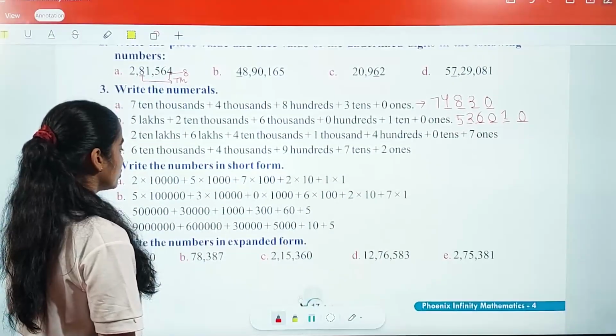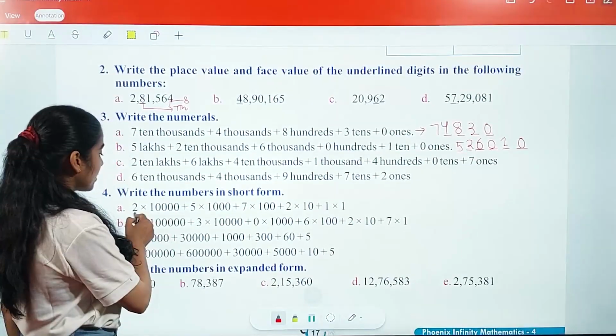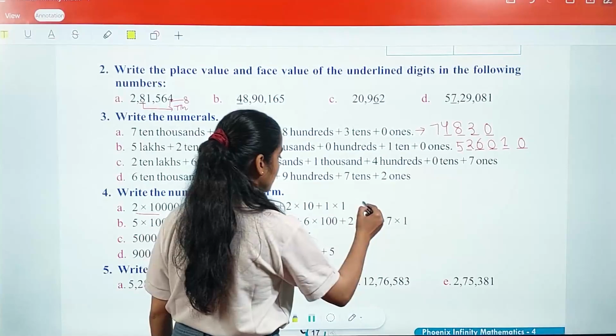Write the numbers in short form. 2 multiplied by 10,000 is 20,000.